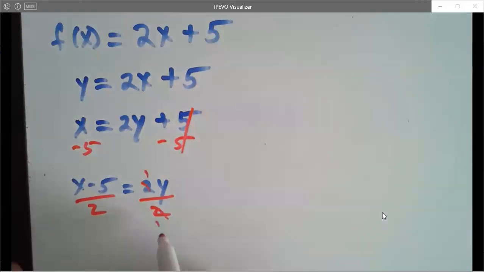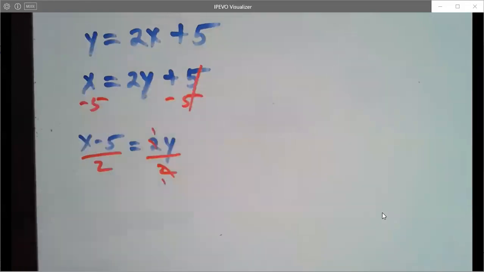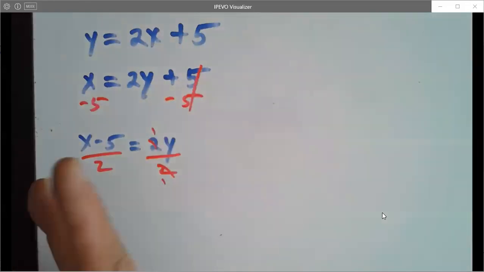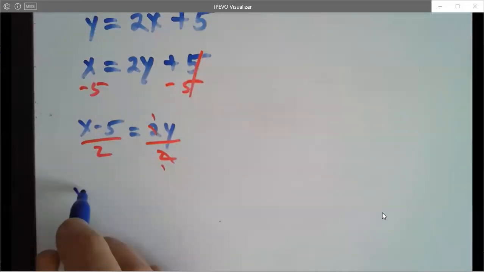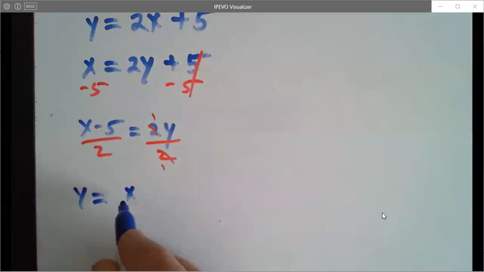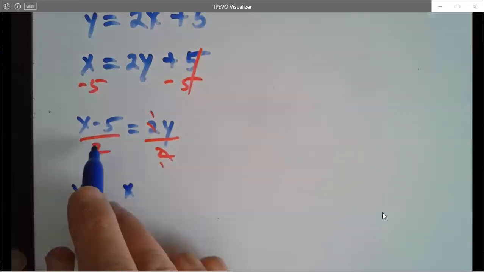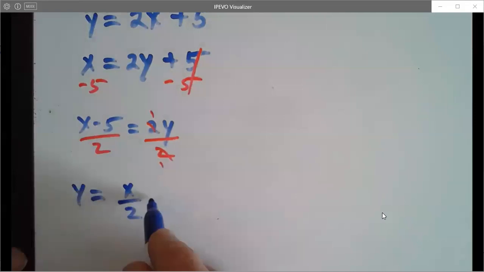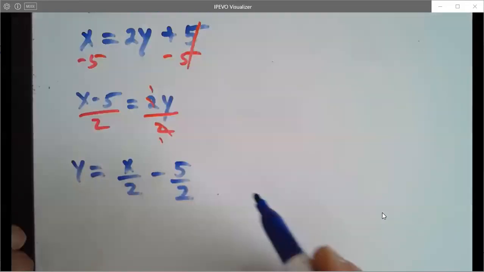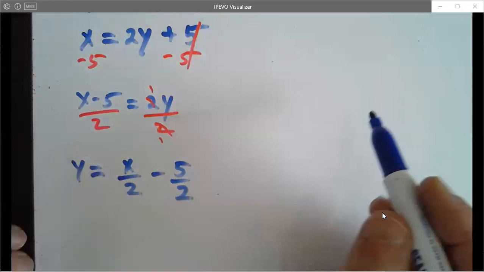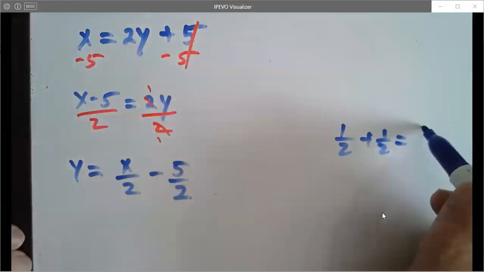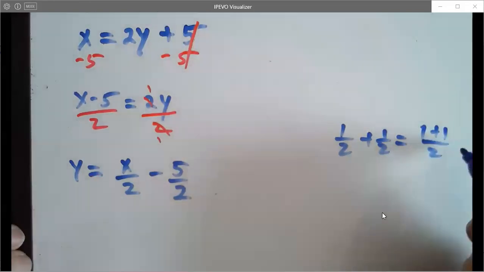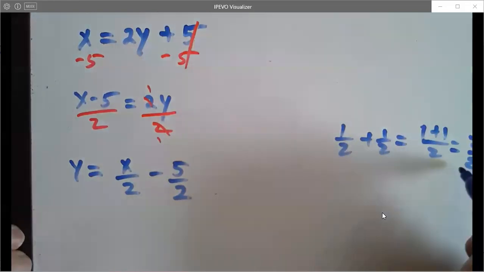Now I'm going to switch this y over to the left side. Y equals x over 2 minus 5 over 2. We can split it because if we had 1 plus 1 over 2, that's 2 over 2. So we can combine fractions and we can also split them.